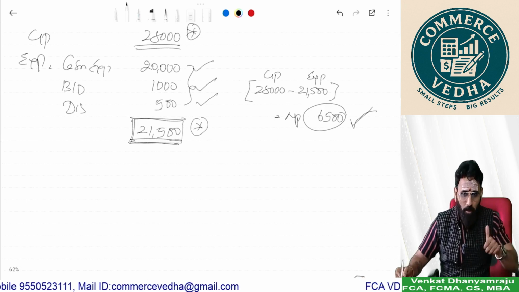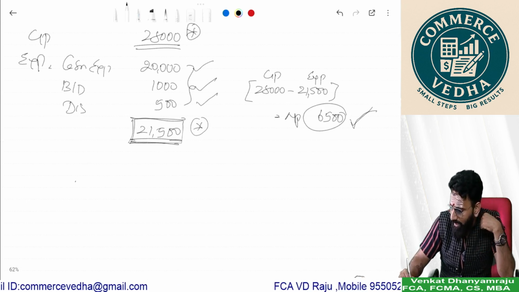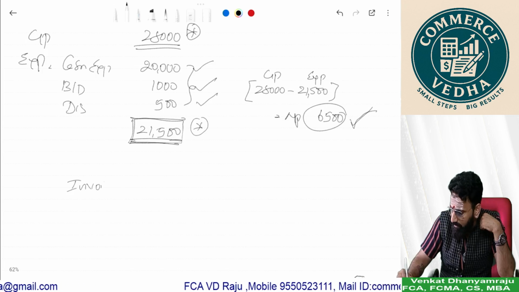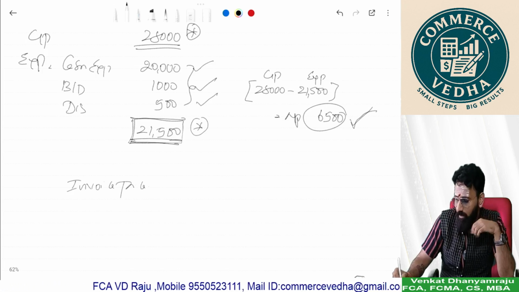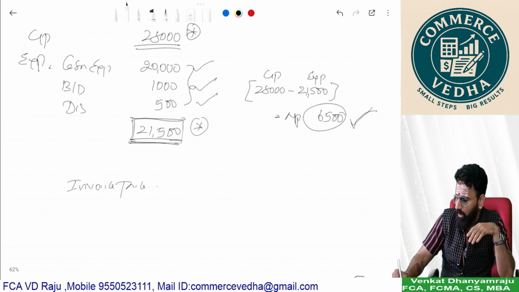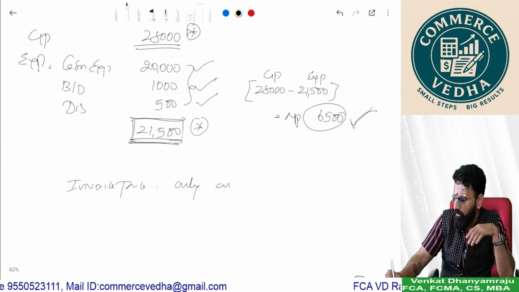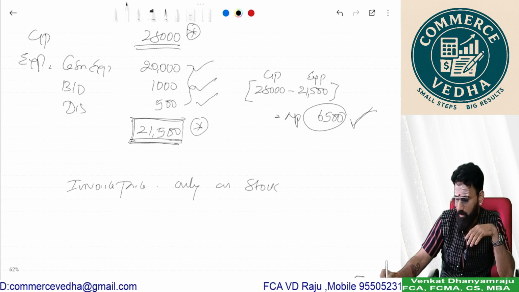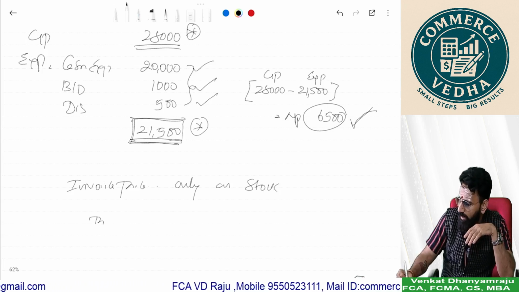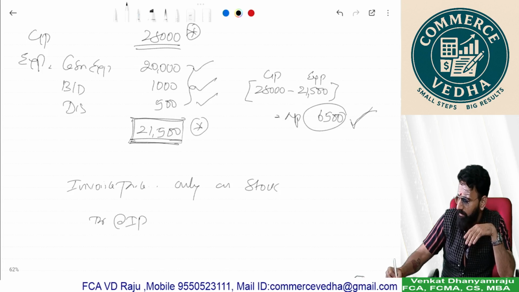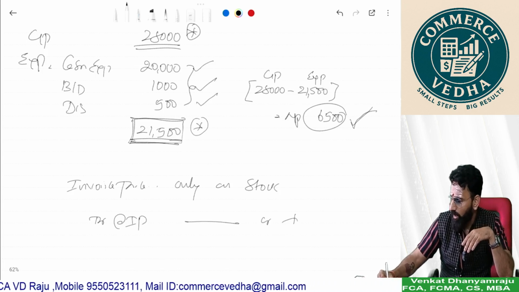So the thumb rule here is, when it is at invoice price, it should be only on stock. If stock is debited at invoice price, you credit the loading.